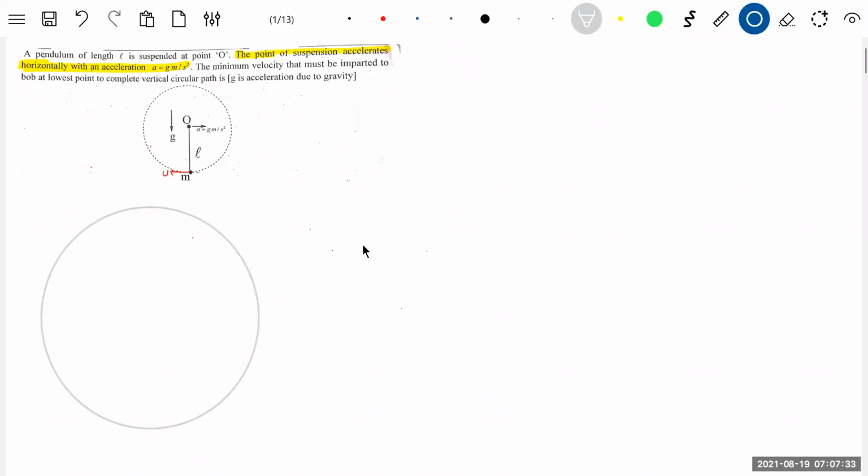Okay, we'll take the various positions. Some brown color we'll choose. Various positions of the bob. Let me pick up here.